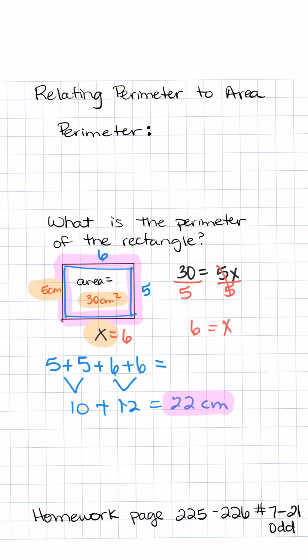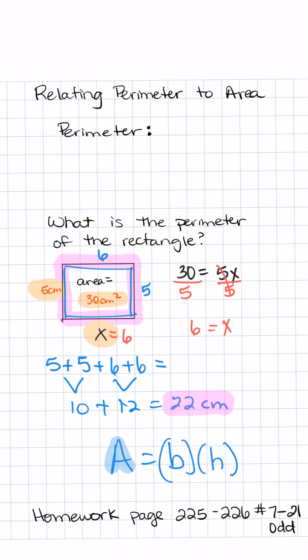Okay, so you may have to plug in the formula. So you remember the formula is A equals base times height for area. And I'm sorry, I totally skipped over what the perimeter was up here.